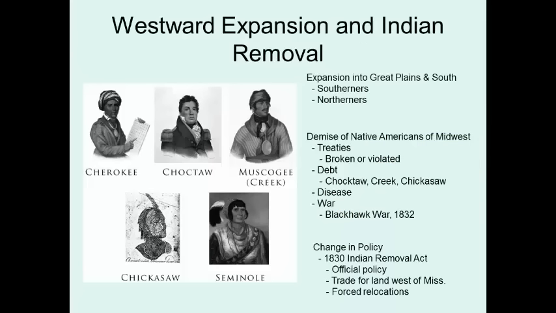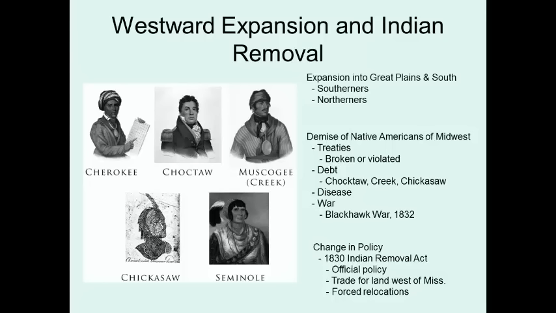And finally, the last issue that we're going to be dealing with in Andrew Jackson's presidency is westward expansion and Indian removal. Remember, Americans are continuing to move west, into the Great Plains and into the modern-day South.